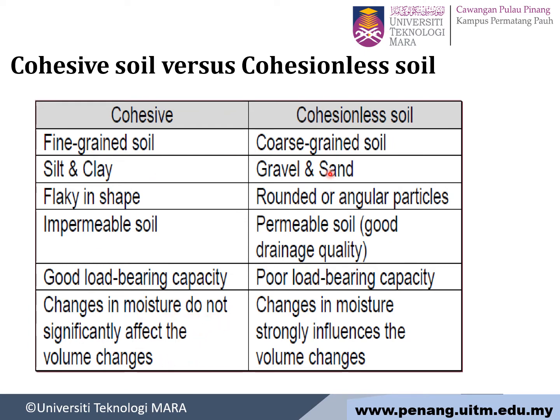However, for cohesionless soil, for example gravel and sand, rounded or angular particles, permeable, very good drainage quality, poor load bearing capacity, changes in moisture strongly influence the volume changes.